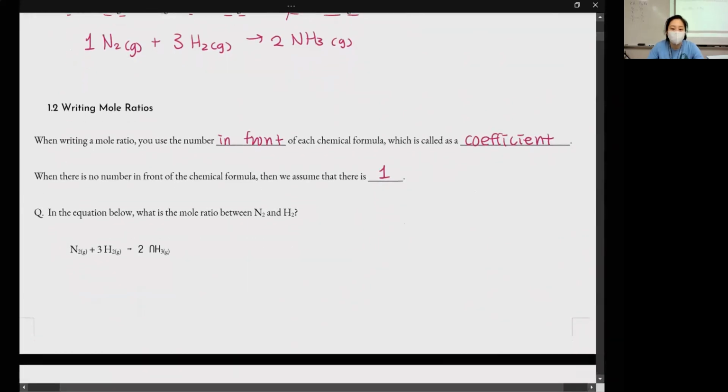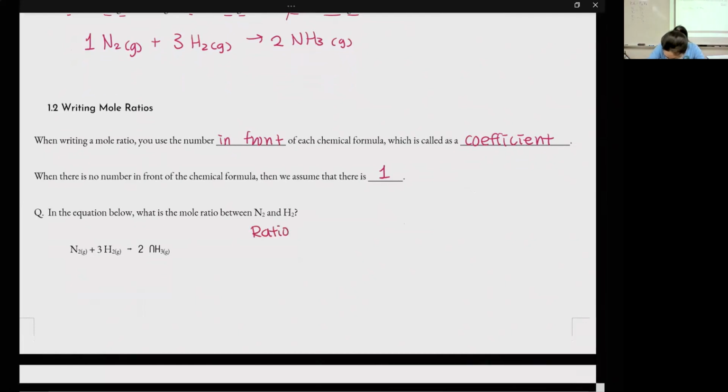All right, so now in the equation below, what is the mole ratio between N2 and H2? It's asking you about the mole ratio. The mole ratios can be written in many different ways, but we can write that into a ratio form or a fraction form. If we write it in ratio form, then N2 has 1, and then H2 has 3.